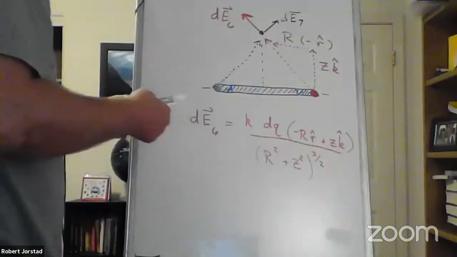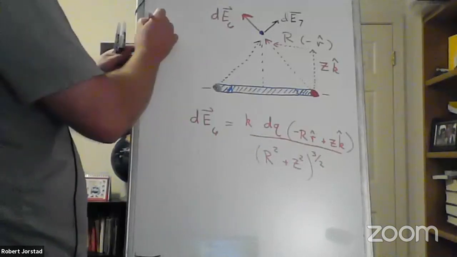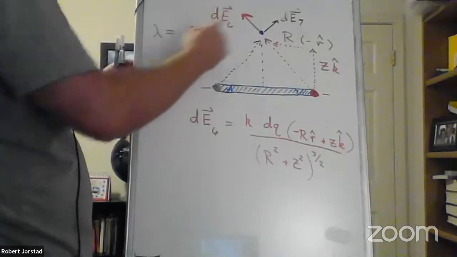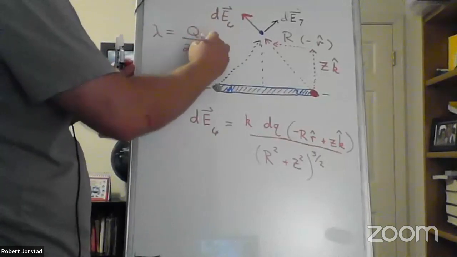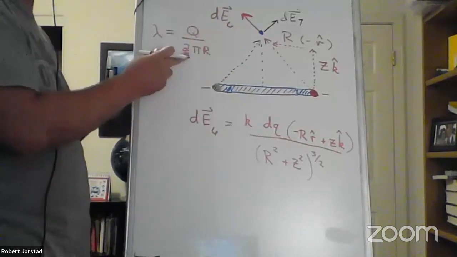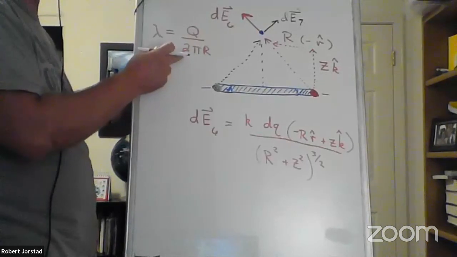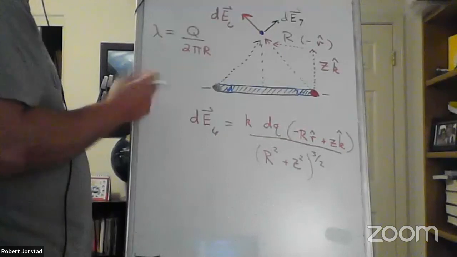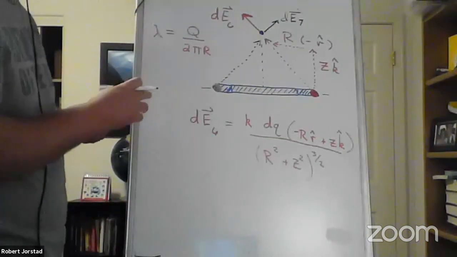So we know the charge density is Q over, in this case, all the way around 2 pi r. If you had an arc, this would be a different number here because you wouldn't have the whole circle. You'd have a different amount of pi r. Okay. So that's basically the difference for a uniform arc.